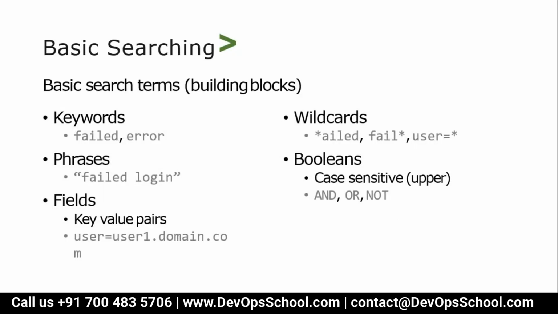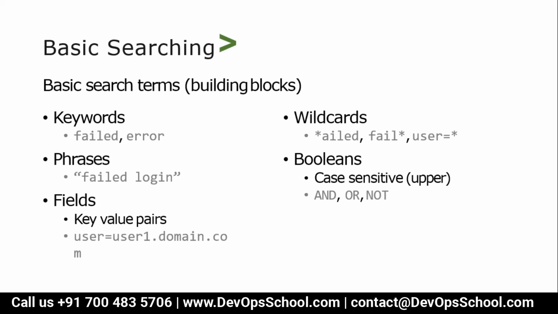So overall, basic search terms include the building blocks: the keyword which you want to search, some wildcards, phrases, and Booleans like and, or, not. You can also use fields, key-value pairs, like field equals value.